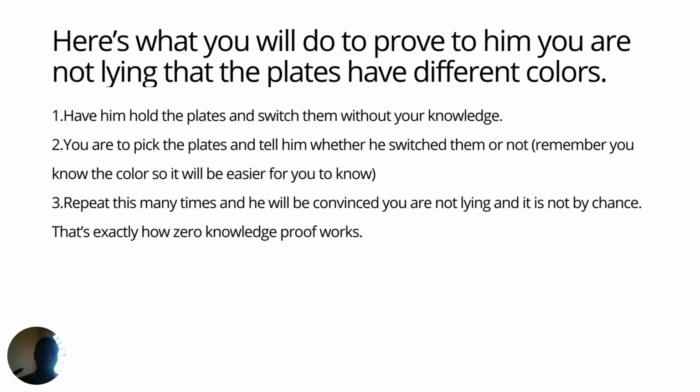Then you keep guessing for a long time. Then your friend will be convinced that actually the two plates are not one color. That is why you are able to tell the difference. And he'll be able to prove that you actually know the color of the plates. So that is what zero knowledge proof does.